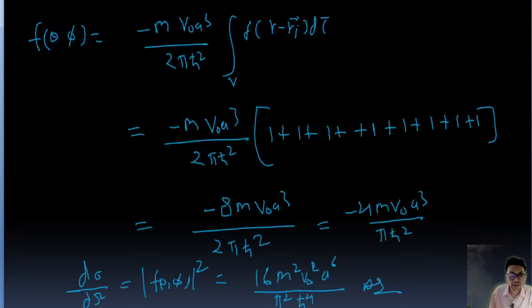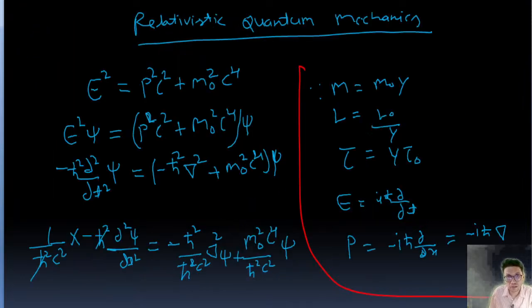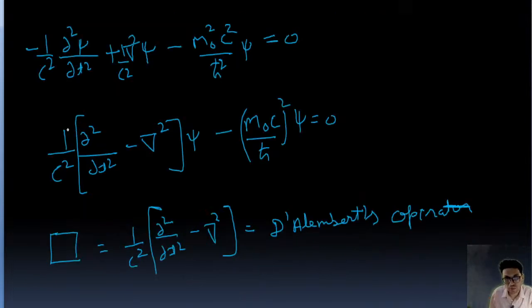I think c square is also here, guys. So h cut square c square is here, right? So this will get cancelled.